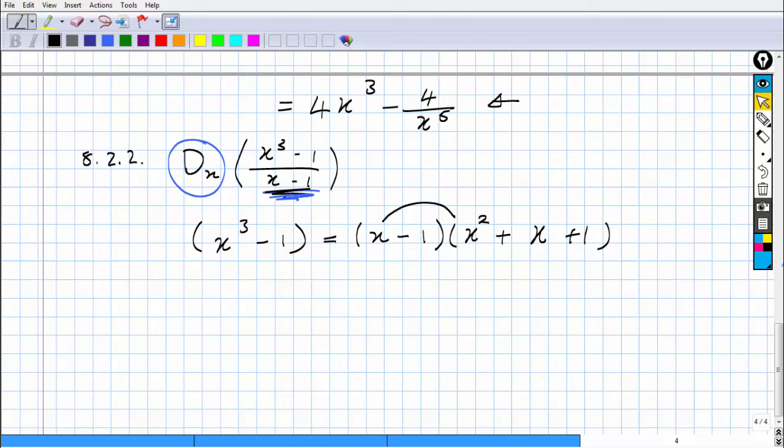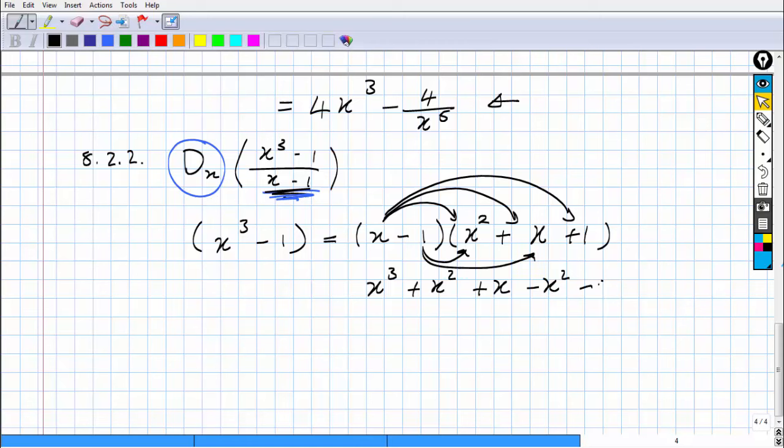If you now multiply that out, that times that is x cubed, that times that is plus x squared, that times that is plus x. That times that is minus x squared, that times that is minus x, and that times that is minus 1. That x cancels there, that cancels there, and we're left with x cubed minus 1. It's that easy. So now we know exactly what we've got.